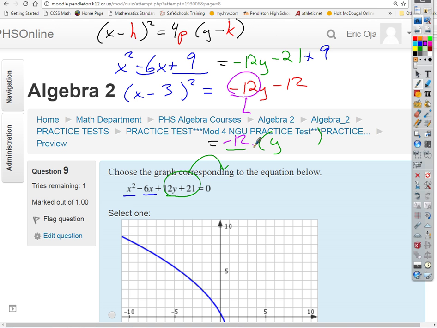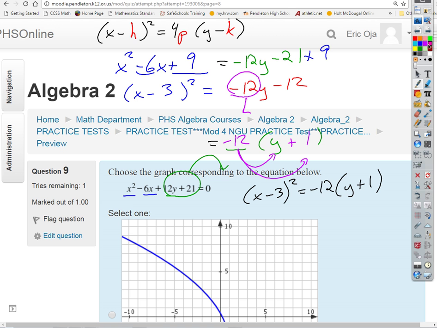So what am I left with? If I undistribute the -12, well, -12 times y would give me my -12y, but -12 times what gives me -12? 1, right? So that must be a 1 there, is what's left over after I undistribute or factor out the -12. So my final answer then just looks like this. X minus 3 squared equals -12 times the quantity y plus 1.